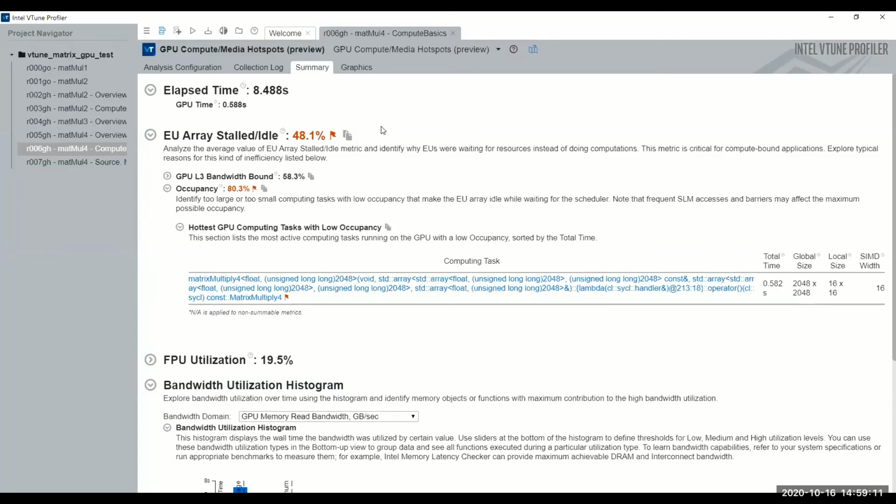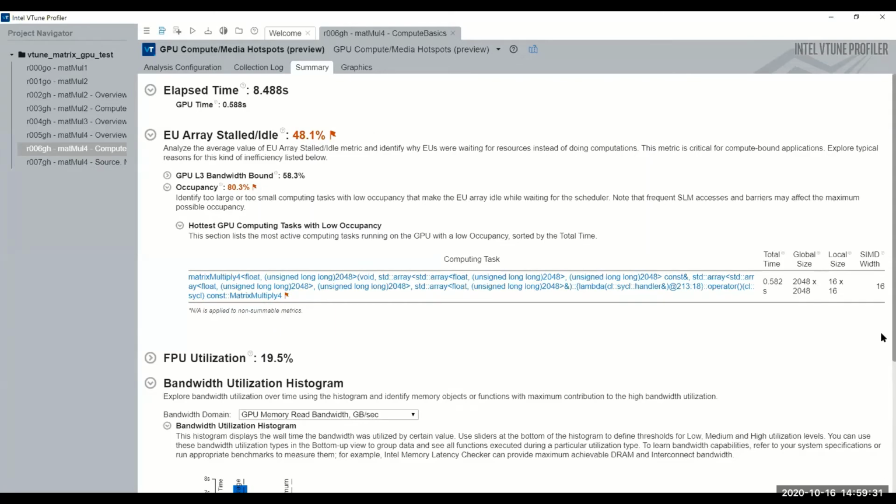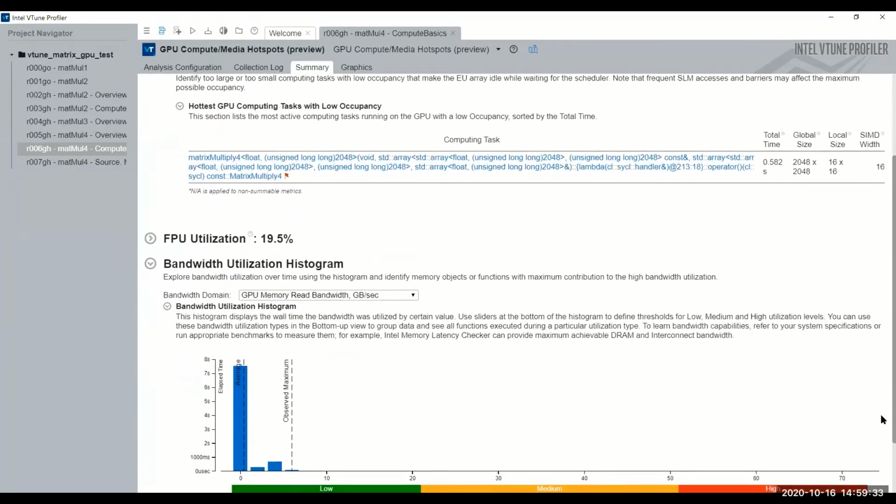There are some other metrics like occupancy of the execution units array, which is also an indicator of efficient distribution of work between the units.